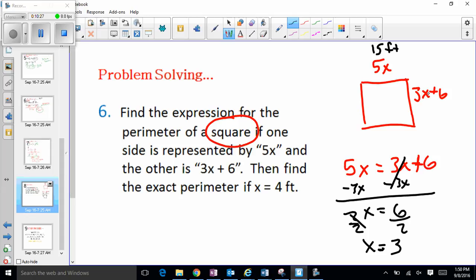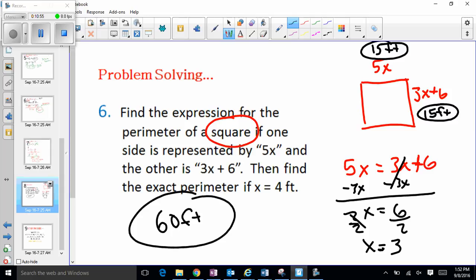And on the other side, I get 3x plus 6, so 3 times 3 is 9 plus 6, and that also equals 15. So the perimeter is just going to be 15 feet all the way around. So 4 times 15 gives me 60 feet for my perimeter.